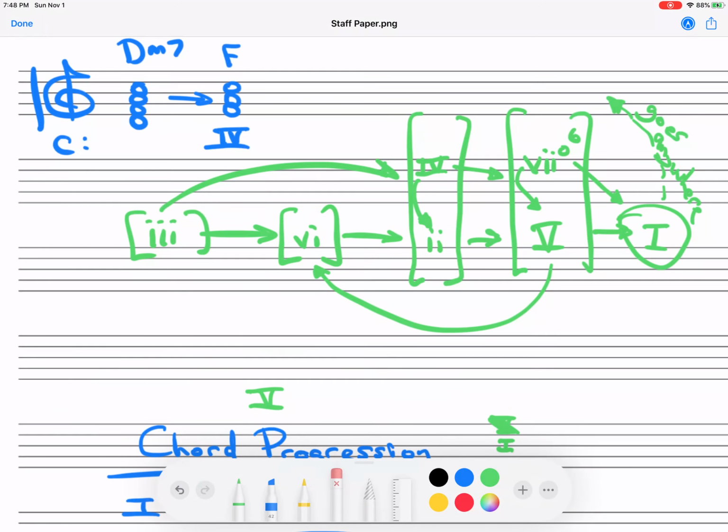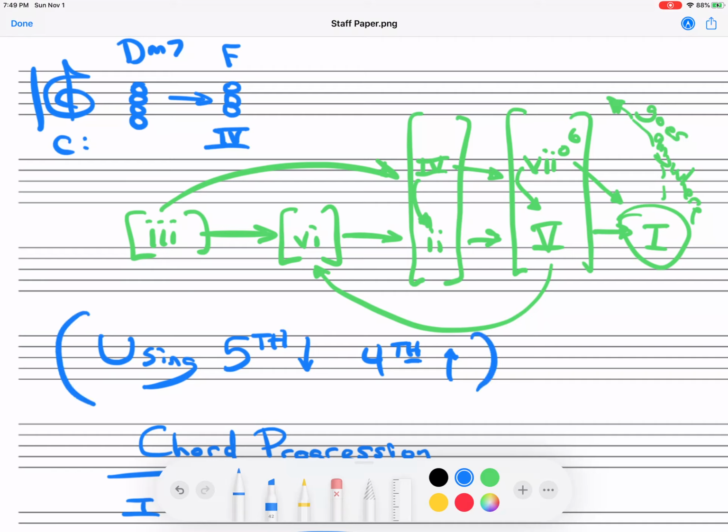Another possibility is that you could have other sequences that are created by other intervals. So this is using fifths, but you can also set up others. So this is 5th down, 4th up. Okay, so that's what this pattern, the circle pattern, is. 5th down and 4th up.